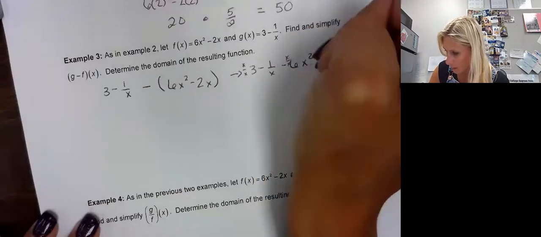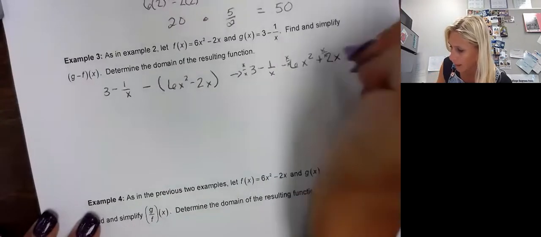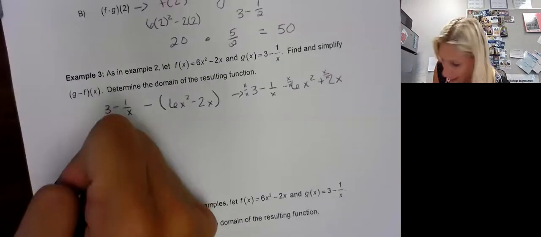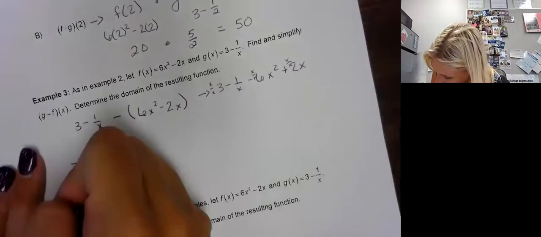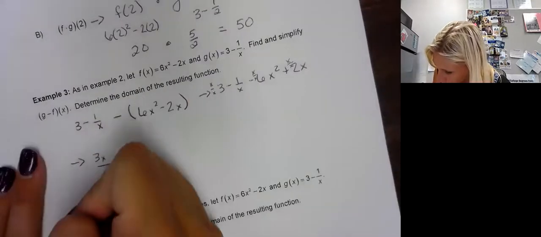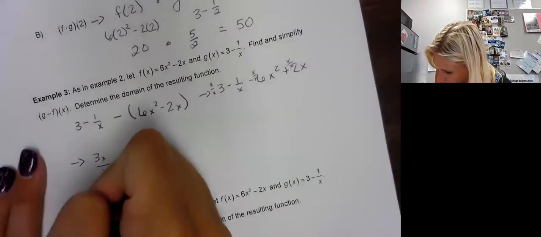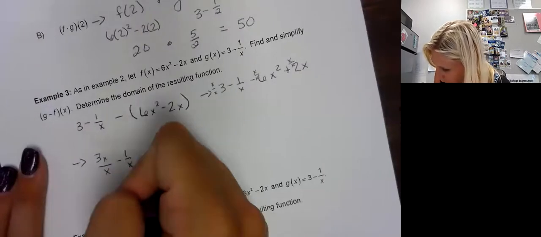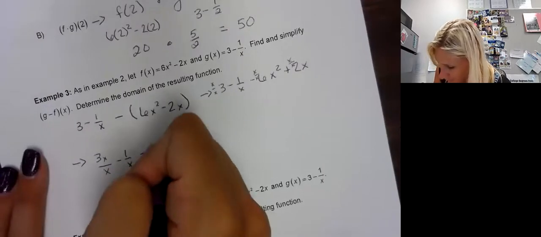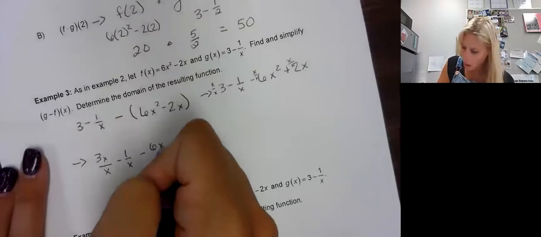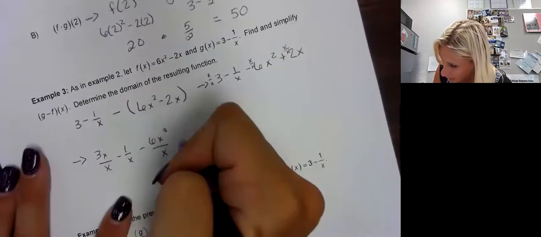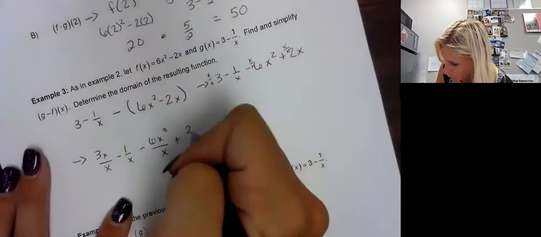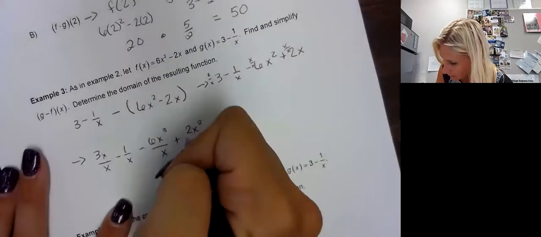So x over x. Okay, when I simplify that out, that gives me 3x over x minus 1 over x minus 6x cubed over x plus 2x squared over x.